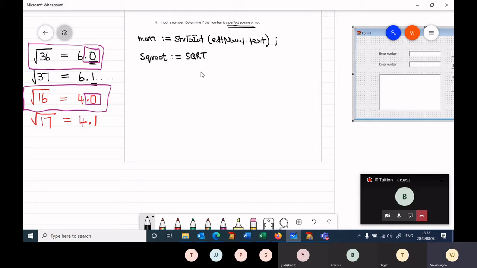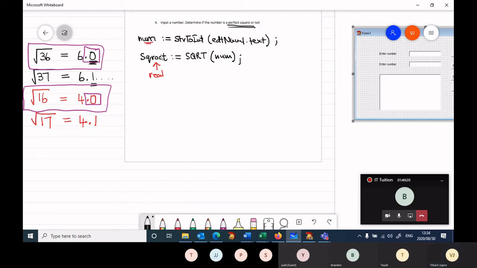That's the function square root. It's not case sensitive, even though I wrote it in capital letters. Sqrt of num. Now, when you're finding the square root, this variable must always be declared of type real. So in my variable section, I'll have that of real, and this obviously is an integer.